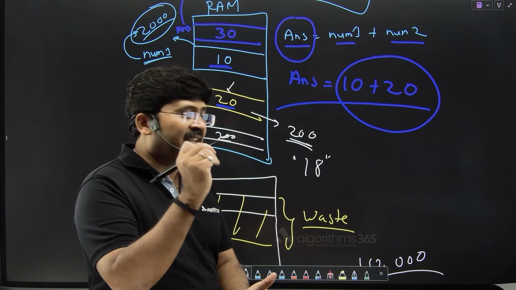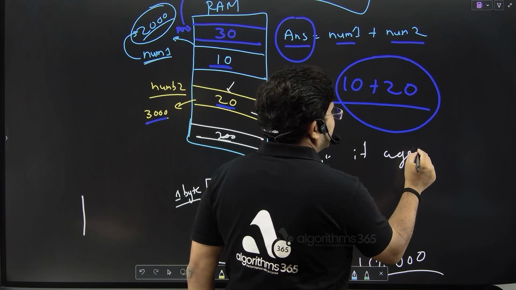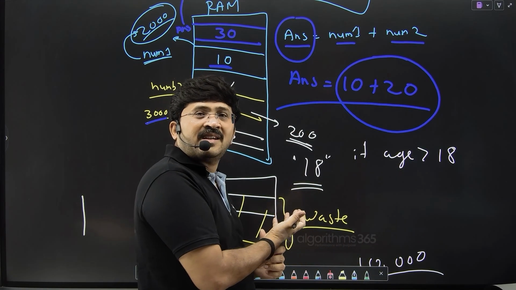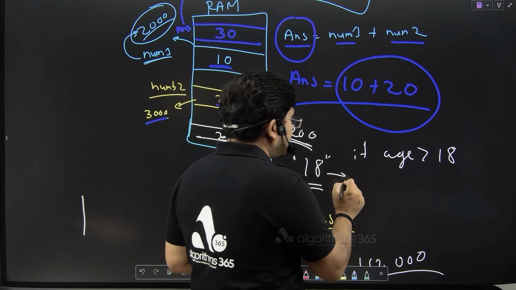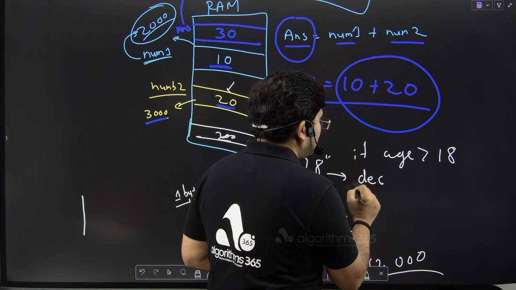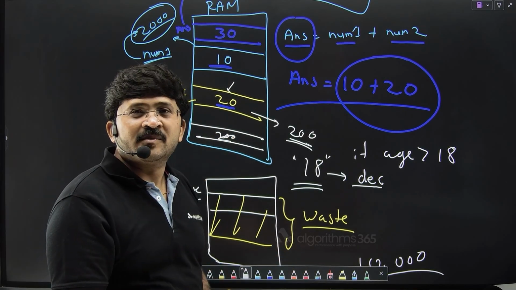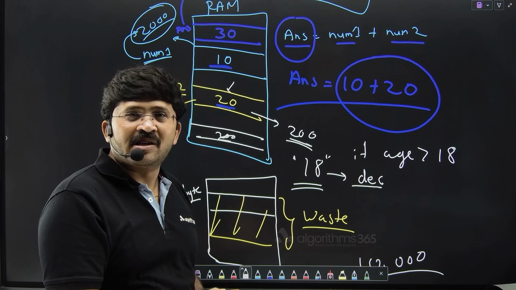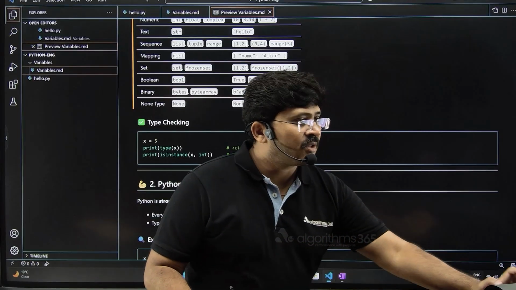So you will say, if that person's age is greater than 18. But this is a string value, not a decimal value. So from string you have to convert it to a decimal value, and that conversion is called typecasting. So you will change the type from one type to another. That is called typecasting. Now let's look at the other concepts.